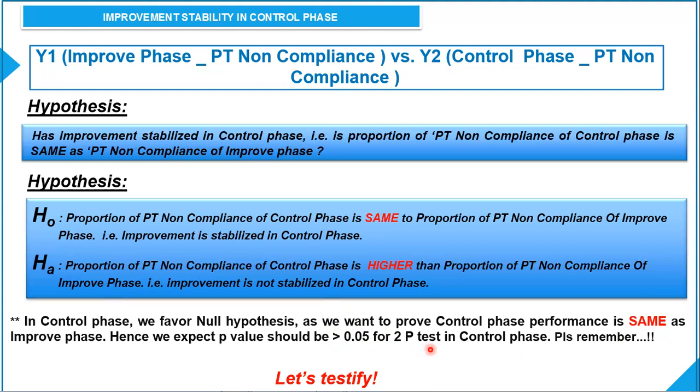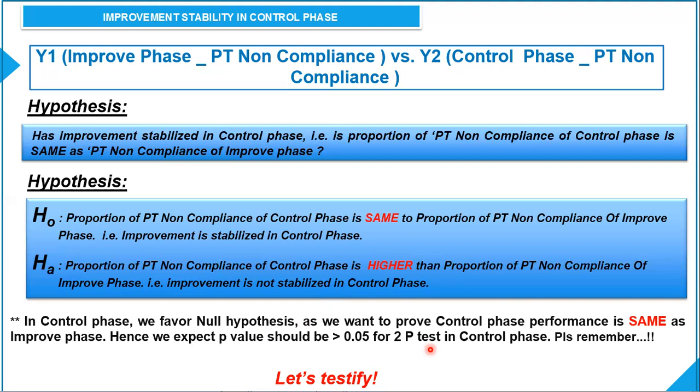But here in the control phase, please do remember, since we are favoring the null hypothesis, why are we favoring it? Because we want PT non-compliance of the control phase to remain at the same level as that of the improved phase, which is our null hypothesis.